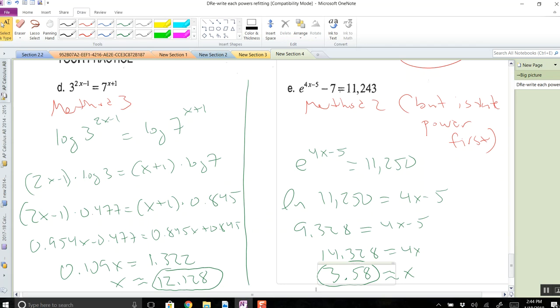Combine like terms, solve for x. A little nasty, so you just gotta be patient. And then for E, add the 7 to the 6th power, convert to a log equation, use a calculator, solve for x. So have a chance to practice for homework. Any questions? No? All right, so I'll click through.